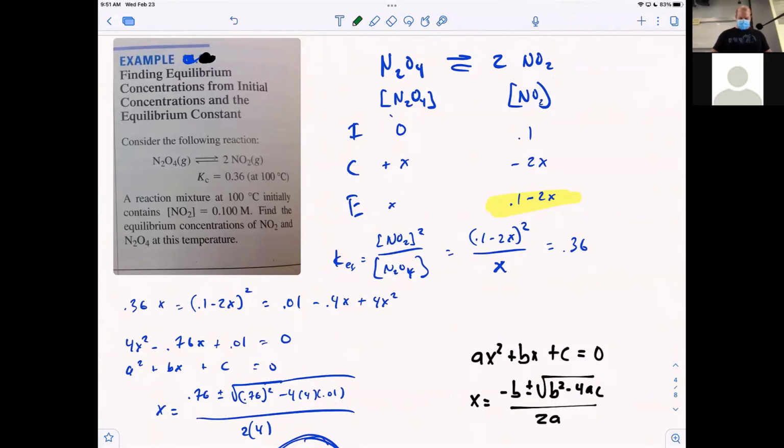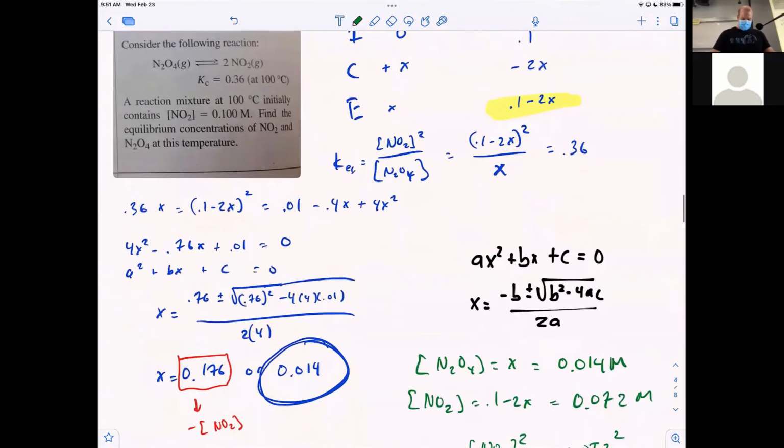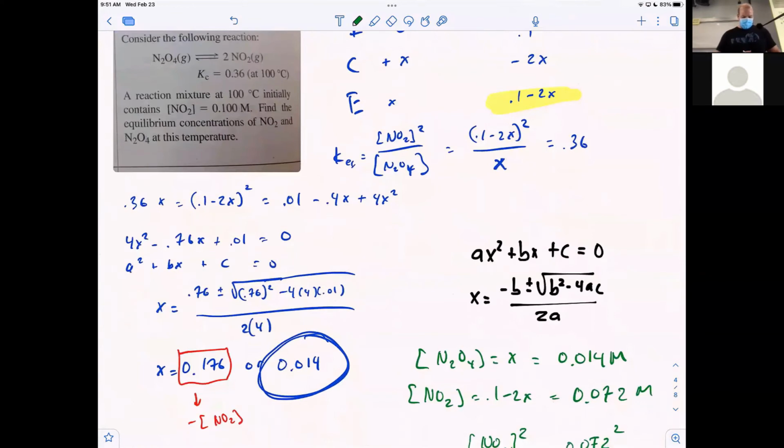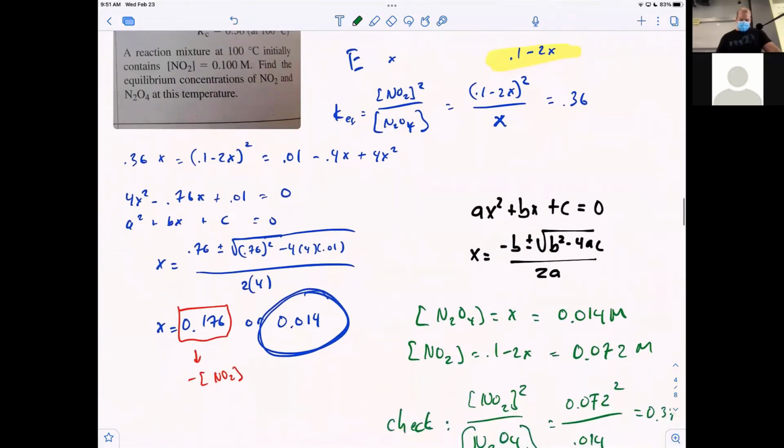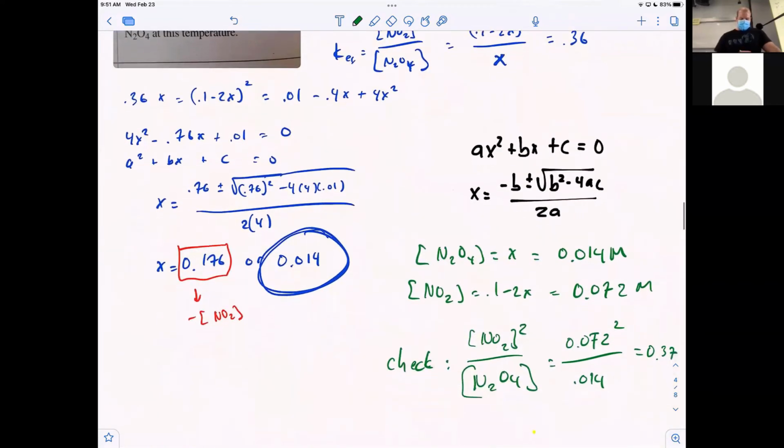We put that into the equilibrium expression, products over reactants, and we get this expression here. We FOIL it and solve for 0. And then we apply the quadratic equation, and you get 2 roots. One is real, one is not.